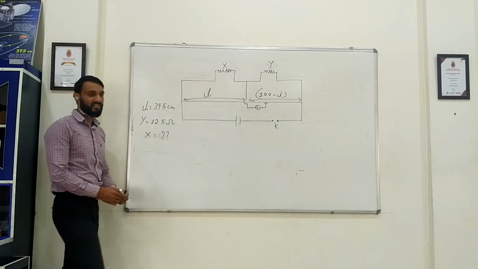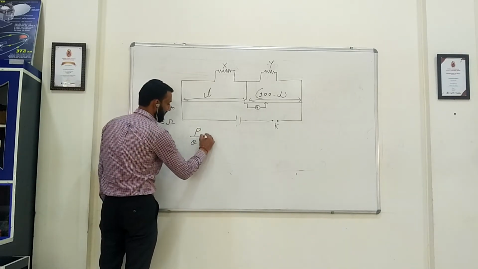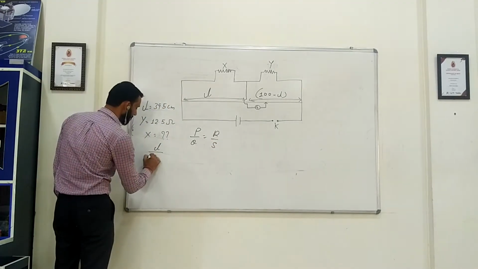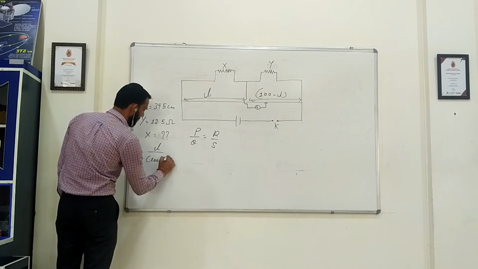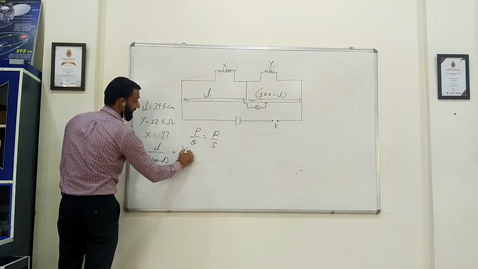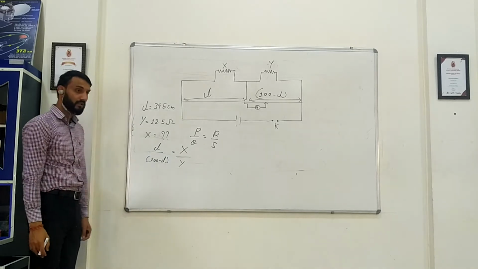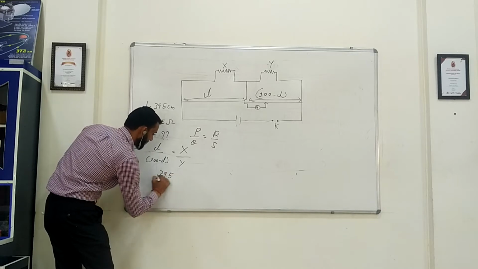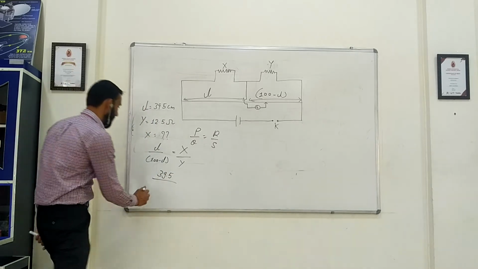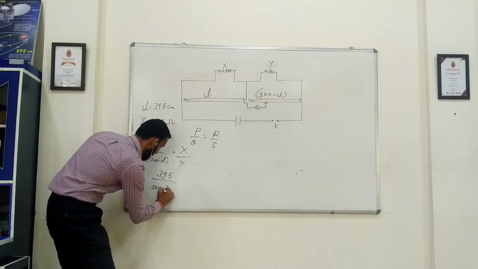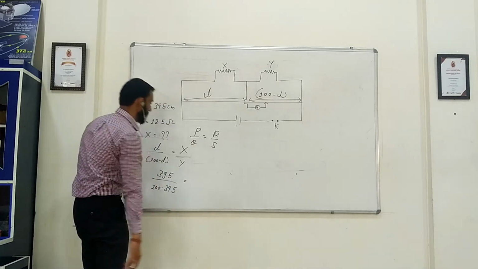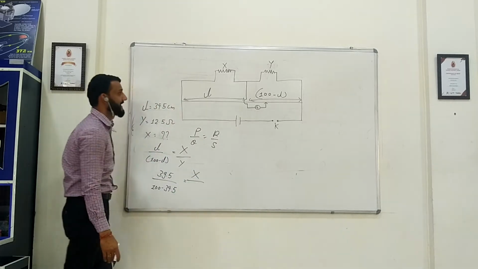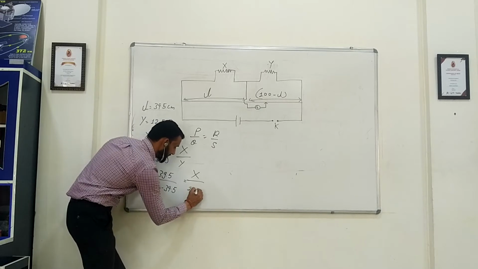If the bridge is balanced, then of course we have P upon Q equals R upon S. So L upon 100 minus L equals R, that is X upon Y. So this is 39.5 upon 100 minus 39.5 equals X upon Y. X I have to calculate, I do not know the value of X.